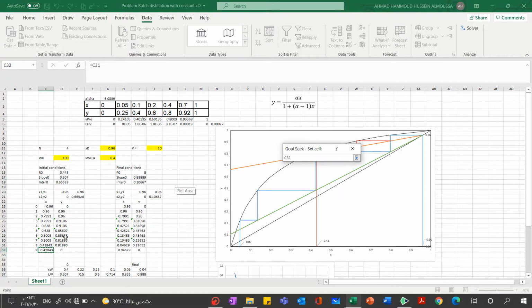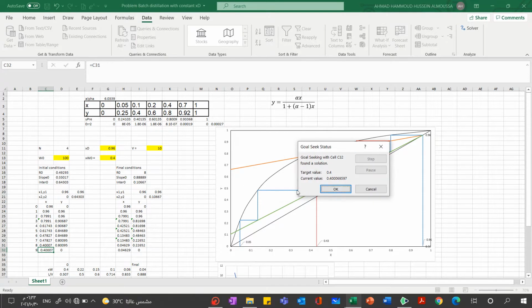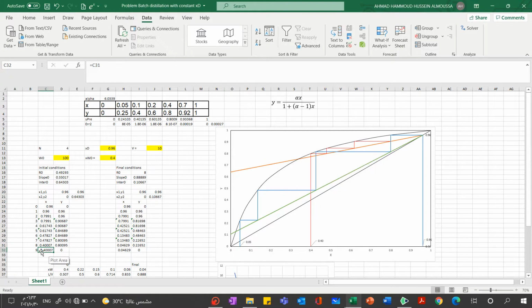This is the goal you want it to be, 0.4, by changing the R initial, the initial reflux ratio. Then press OK. It will give you a good value, which is 0.4, the same as we want, and the R initial will be 0.492.